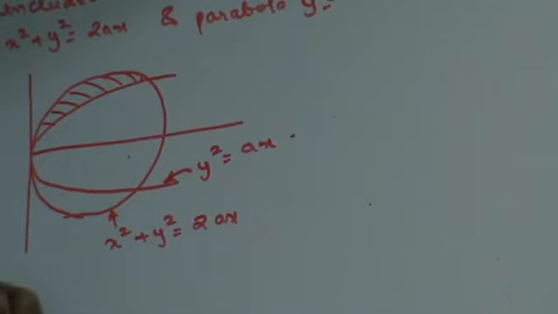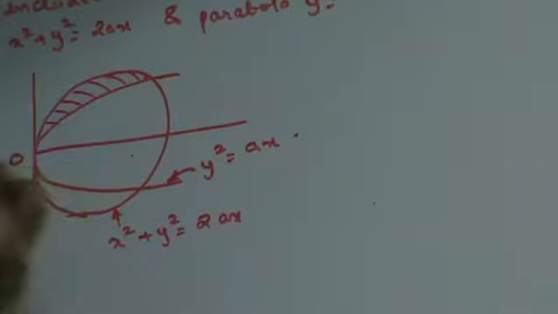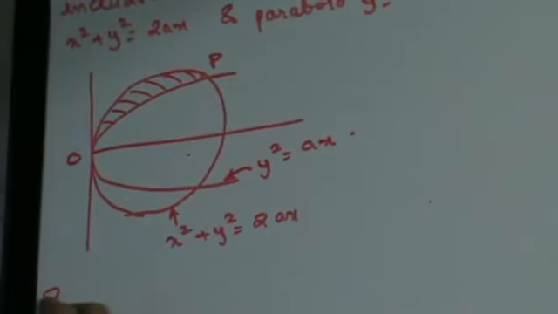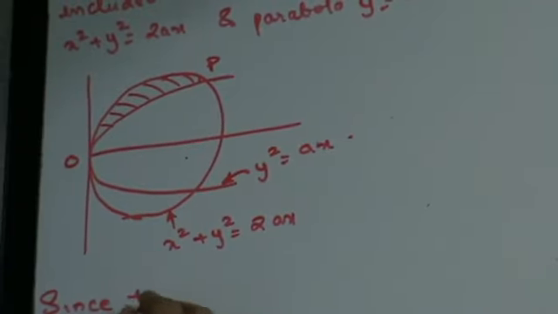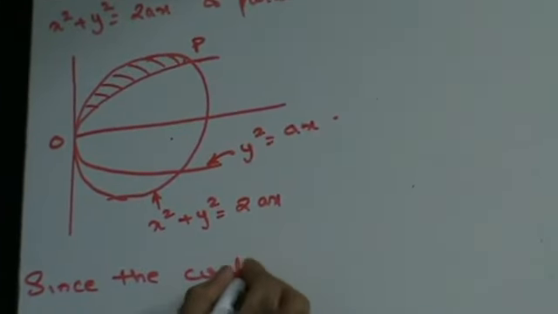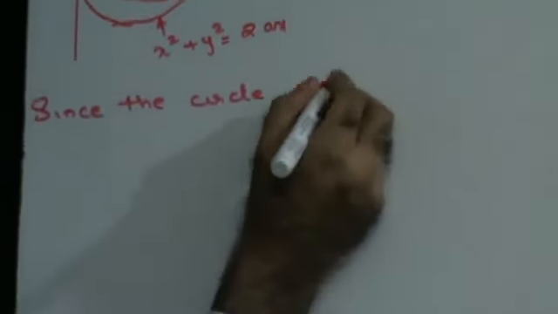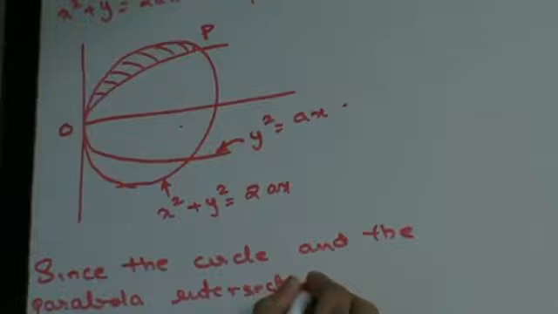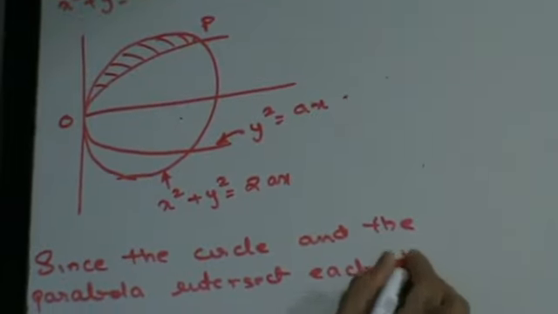Now, since this is the region, let's call this point P. Since the circle and the parabola intersect each other, I can substitute the equation of one in the other.